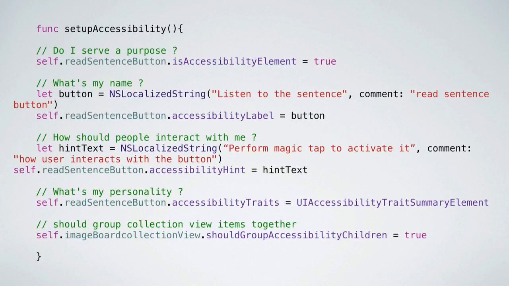So I say this is for you to listen to the sentence. As you can see, it's UI accessibility trace summary element. So if I double tap, nothing will happen, because I'm telling VoiceOver this is just information, just to let the user know that he can perform it with Magic Tap. So it's a little bit different. That's why we should turn on VoiceOver and see how it works.